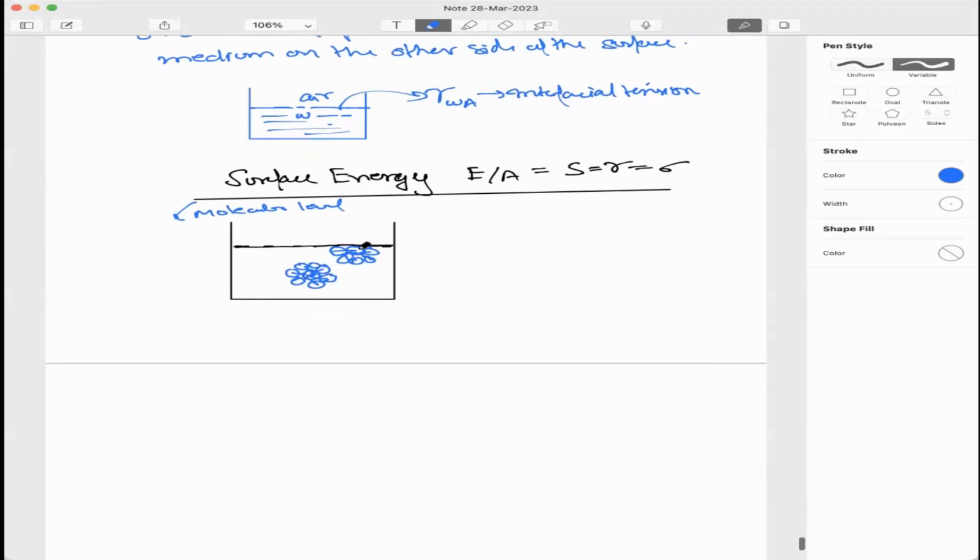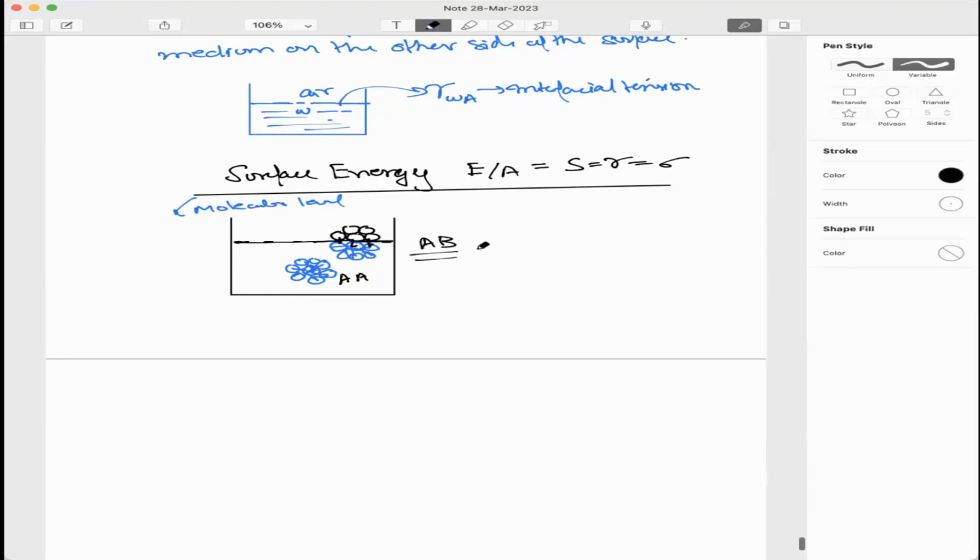So there is some loss of energy and an imbalance, and there is some excess energy due to interaction with the molecules of the air. Now, instead of an A interaction, there is a creation of an AB interaction.